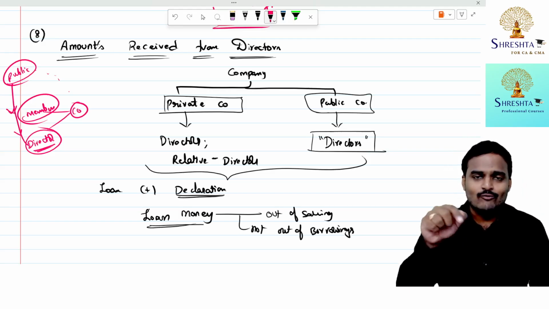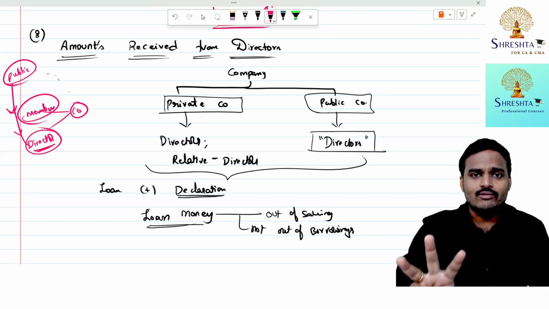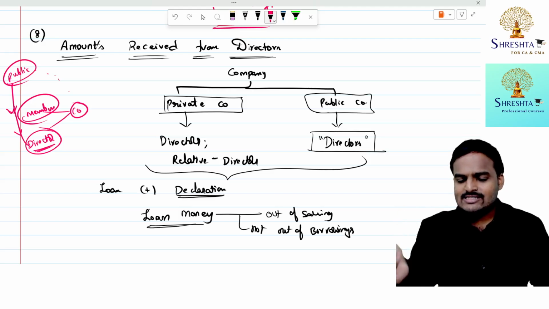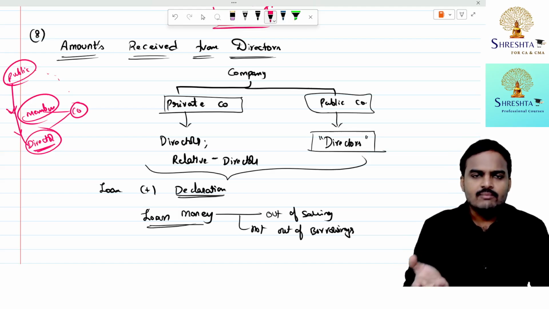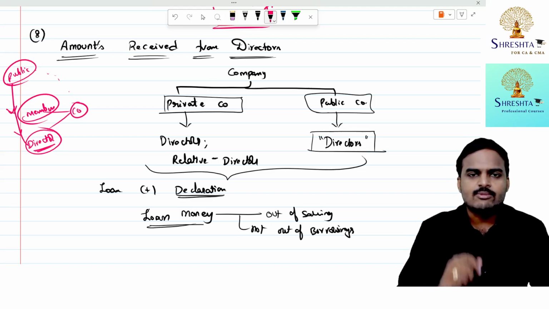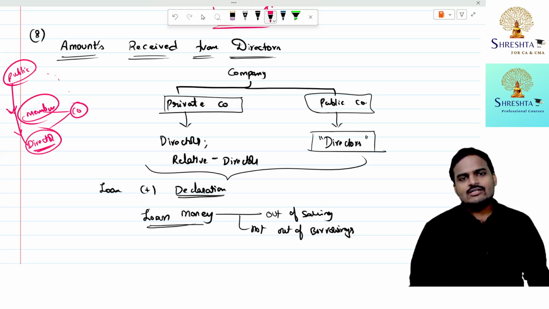Fine: minimum the amount involved in the fraud, maximum 3 times the amount involved in the fraud. If public interest is affected, imprisonment minimum 3 years, maximum 10 years. If public interest is not affected, imprisonment minimum 6 months, maximum 5 years. Do you remember? Punishment for fraud, Section 447.